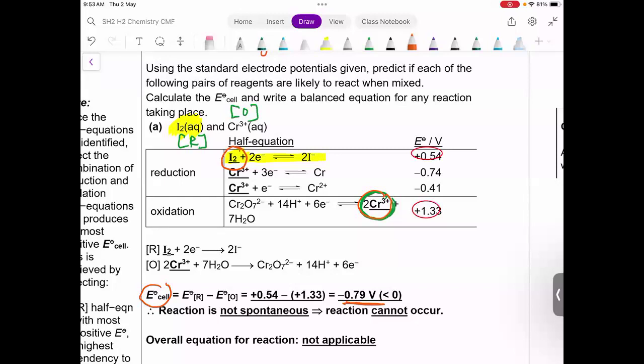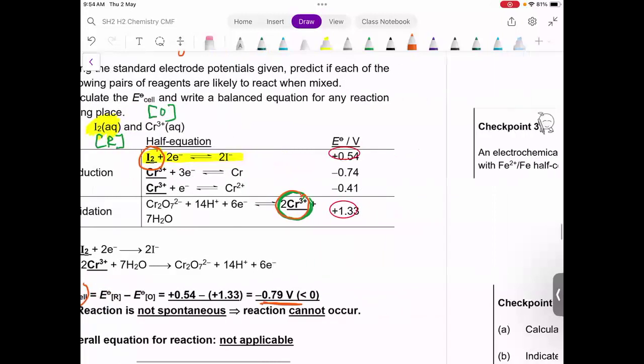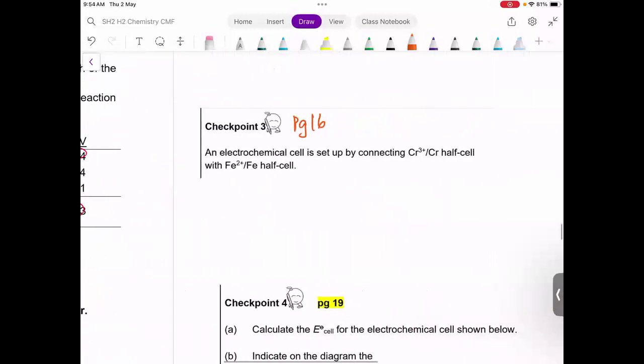All right, if I change the context a little bit, remember this is your checkpoint 3, and I change it to this: iodine to iodide half cell versus dichromate to chromium 3+ half cell. Now I use the same phrasing, but I just change the half cell.